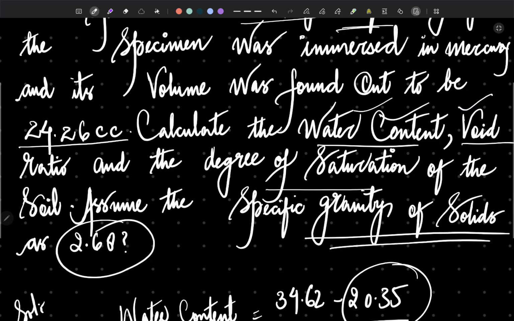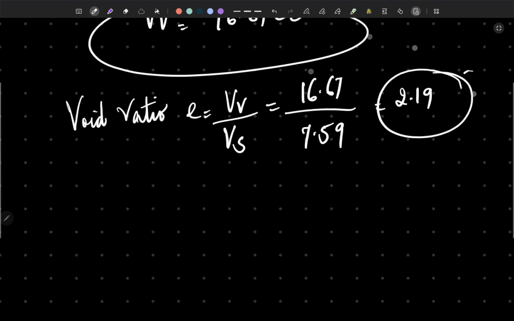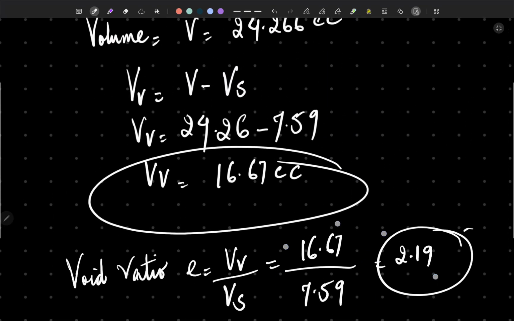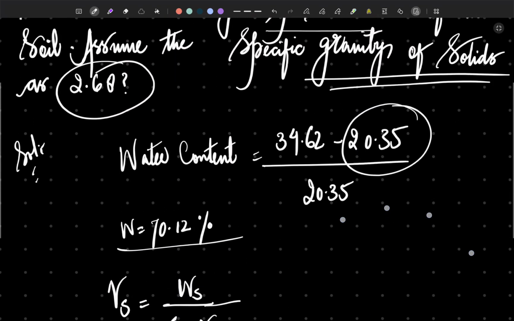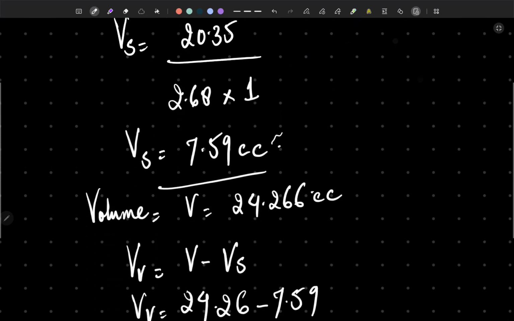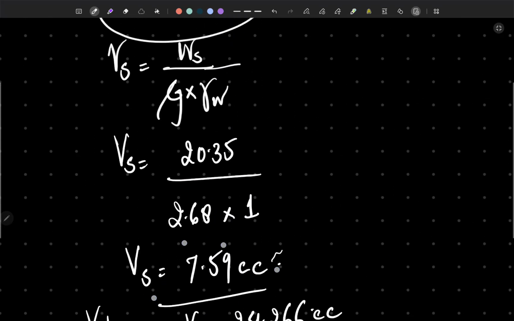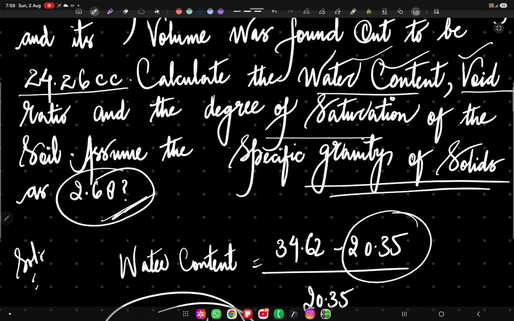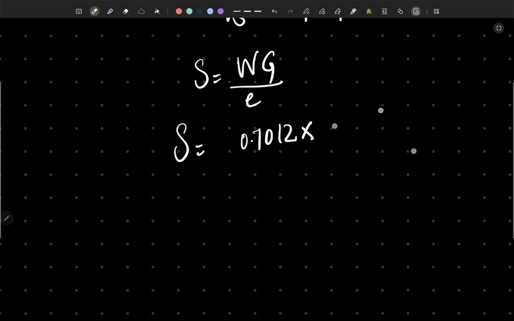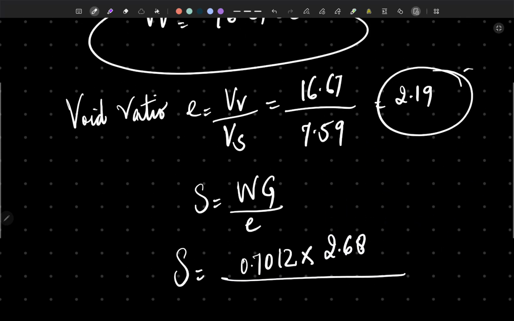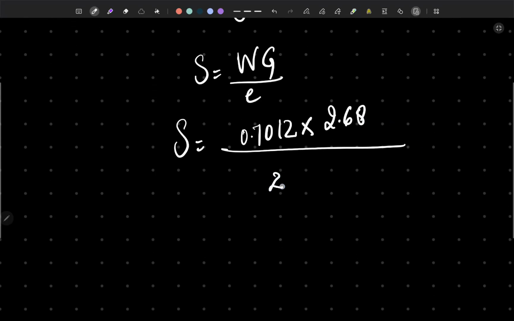Void ratio is found. Now we need to find the degree of saturation. Degree of saturation is equal to wG divided by e. The water content we found first was 70.12%, so 0.7012. Specific gravity, the question says, is 2.68, divided by e, the void ratio, 2.19.